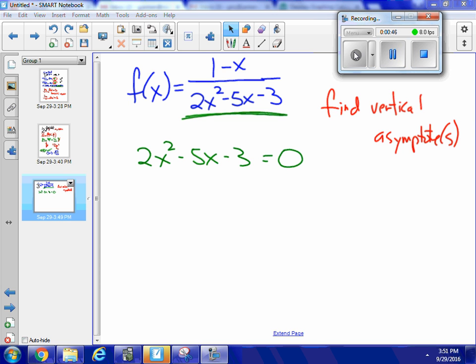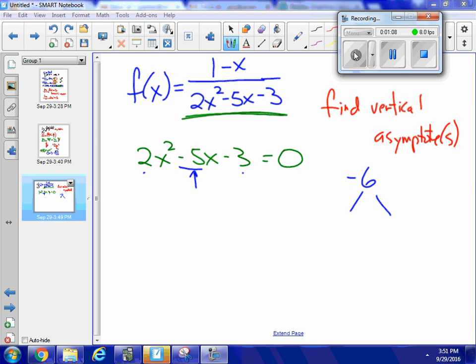I'm going to use the surefire method of factoring, which, if you're unfamiliar with it, I have a video on that also. I'm going to multiply my a term times my c term, and I get negative 6. Then I'm going to look for factors of negative 6 that when I add them together give me negative 5.